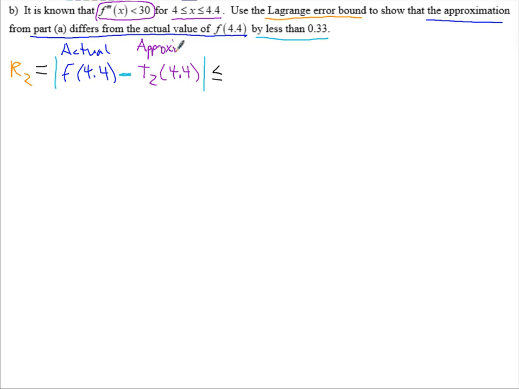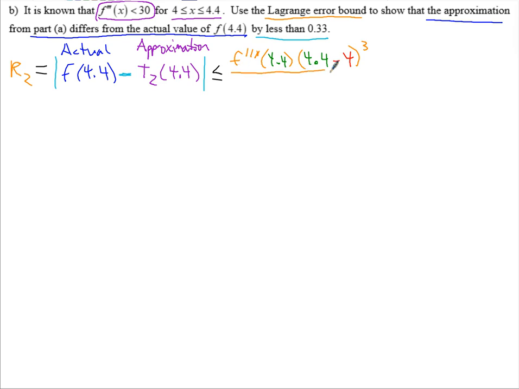And then since it's the second degree, it's one more than that. So it's the third derivative of where we're approximating, 4.4. And then we're approximating 4.4 minus the center, which is 4, to the third over 3 factorial.